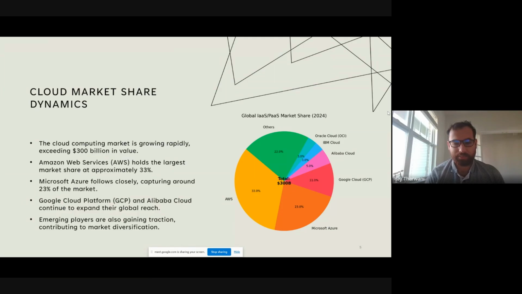So yes, this is the market share. It's a pretty big number, and as I said, Oracle is one of the clouds which is really gaining momentum and increasing its business. Then we also have IBM and Alibaba Cloud. Alibaba Cloud mostly has its presence in China, right? It doesn't have many customers here in the US.